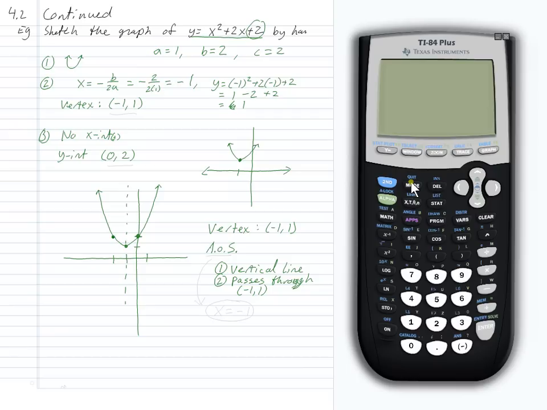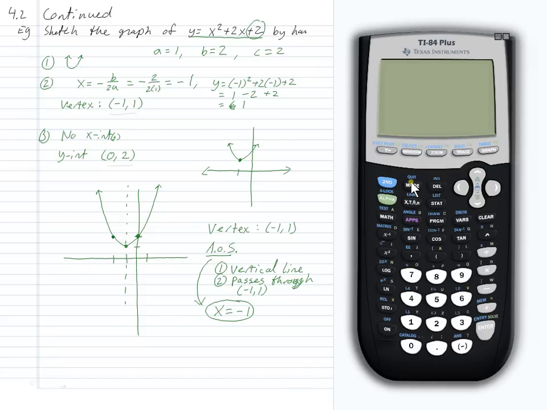So our equation, remember vertical lines take on the form x equals the x-coordinate. So that's how we would discuss the axis of symmetry, or its equation. The equation of the axis of symmetry in the case of this parabola, x equals -1.